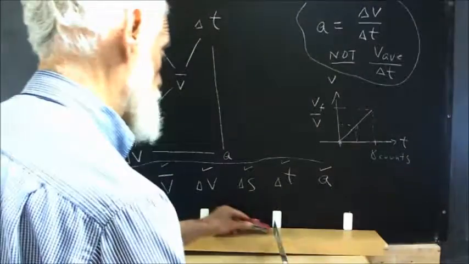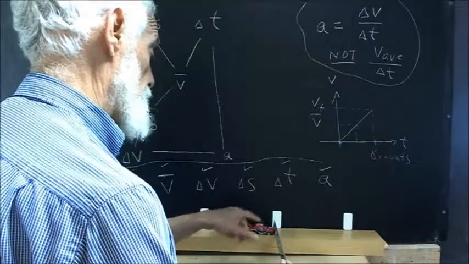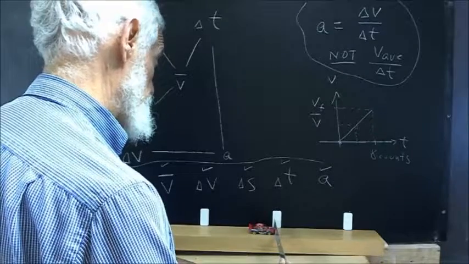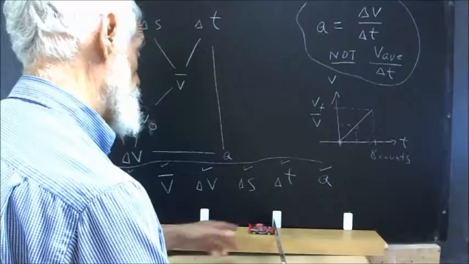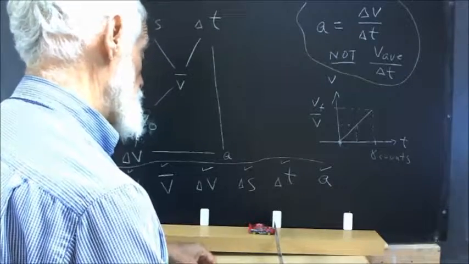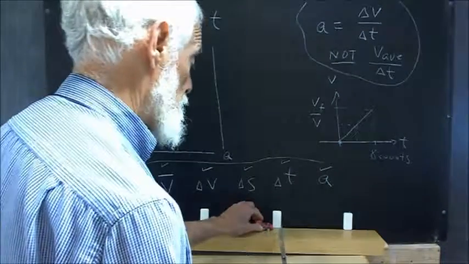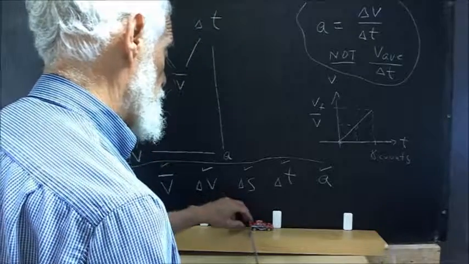And here the front of the car was lined up with the back edge of the domino. So you're going to have to, in estimating your distances, take the length of the car into account.